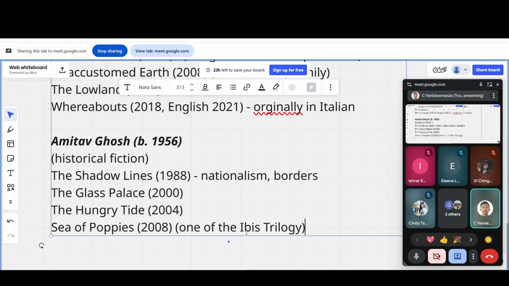For example, The Lord of the Rings is a trilogy. The Fellowship of the Ring, The Two Towers, and what was the third one? I just forgot it. The Fellowship of the Ring is the first, second is The Two Towers, and the third is something like The Battle of the Five Armies? I just forgot it. So it's a trilogy. There are 3 books, and Sea of Poppies is one of the trilogy.